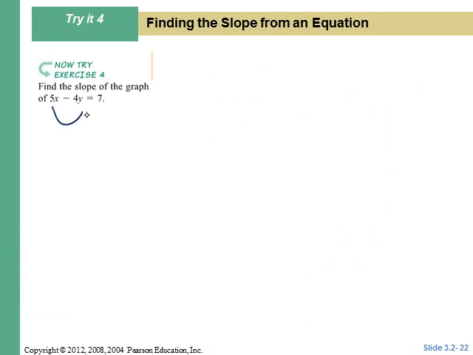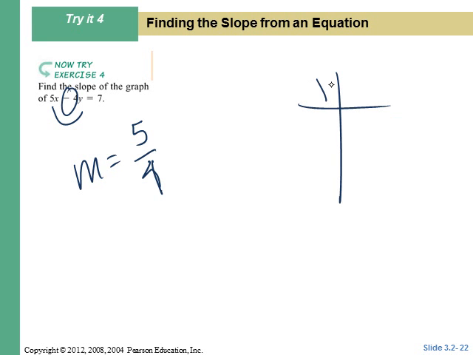All right, so it's going to be 5/4. Remember, we have to change the sign here. Or if we did it the other way, x, y, 0, 0. If x is 0, y is -7/4. If y is 0, x is 7/5.